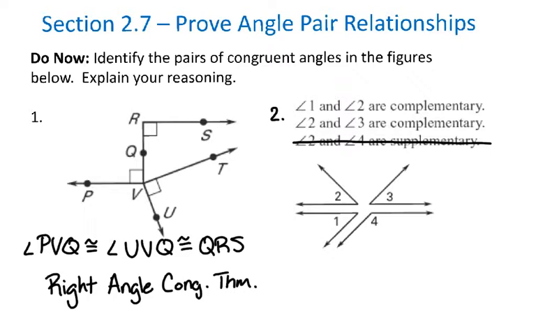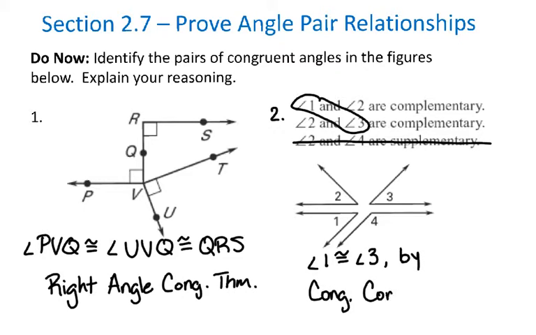Since angles 1 and 2 are complementary and 2 and 3 are complementary, we should know that these two angles right here are congruent by the congruent complements theorem.